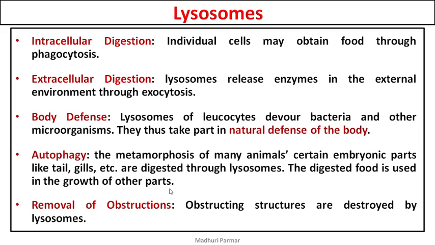Sometimes if there is any obstruction for cell growth or cell development, then what the cell does is exocytosis happens with lysosomes. So the enzymes will be released outside, and whatever is obstructing can be removed, okay. The obstruction can be removed.